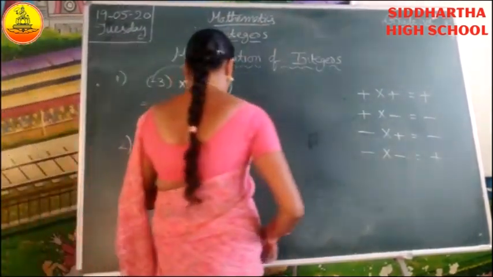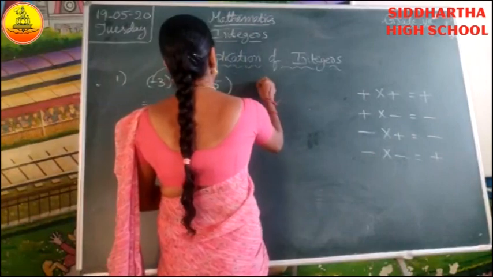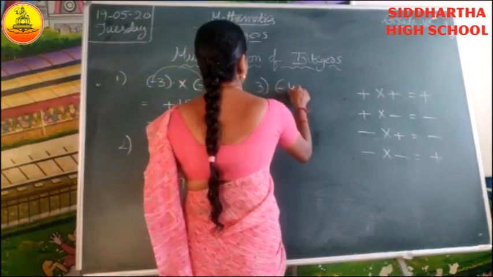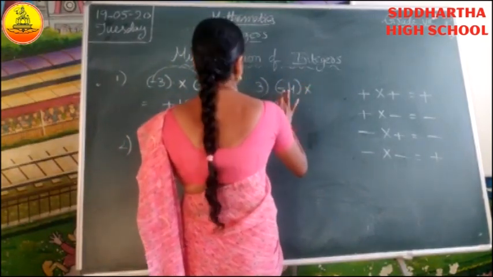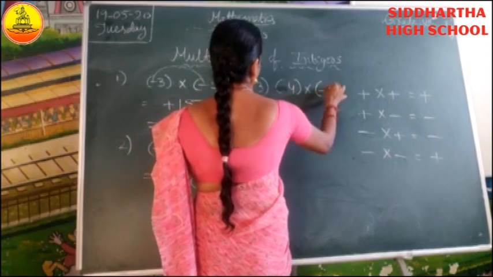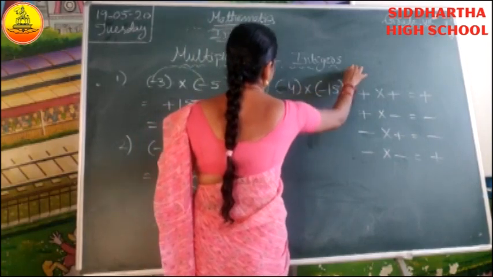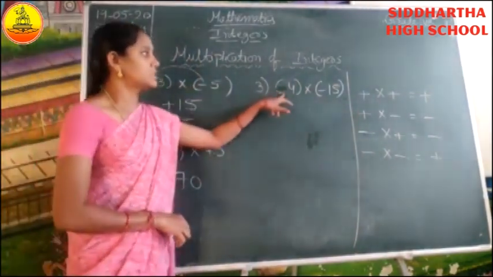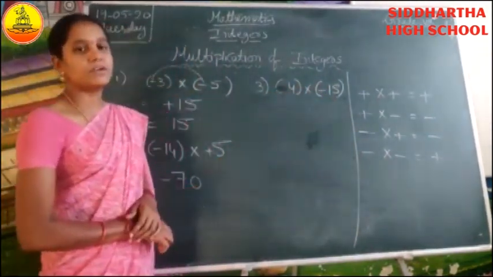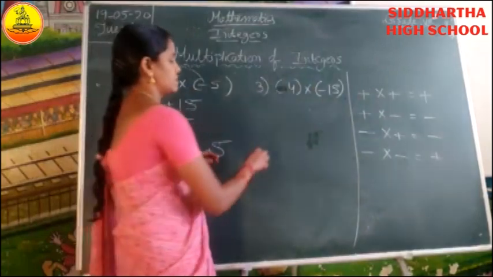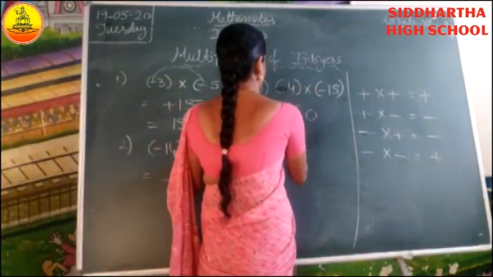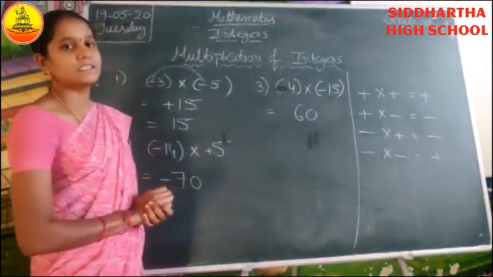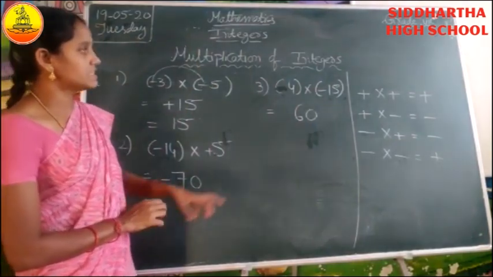Next one, third sum. Minus 4 into minus 15. First you multiply the numbers. 4 into 15, how much? 60. Now you multiply the signs.